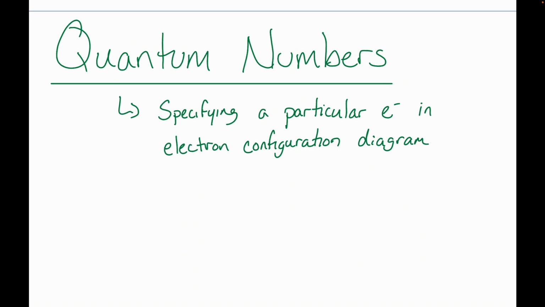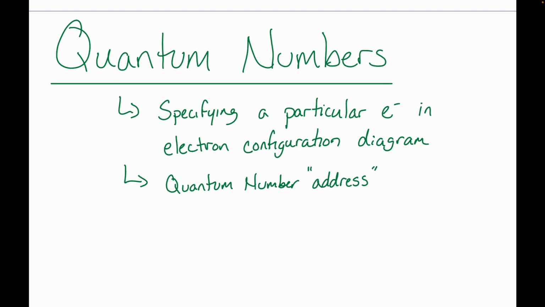All right. These are often called quantum number addresses, because again, it's specifying the location of a specific electron on our electron configuration diagram.